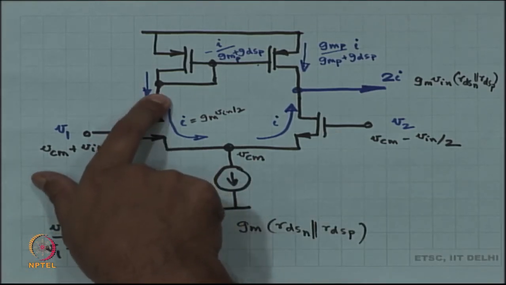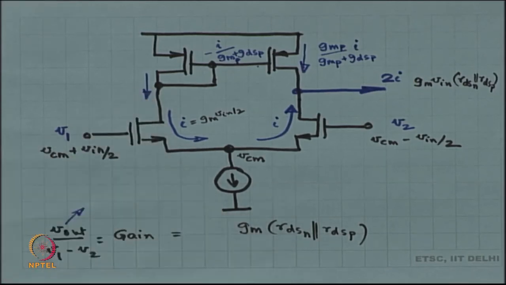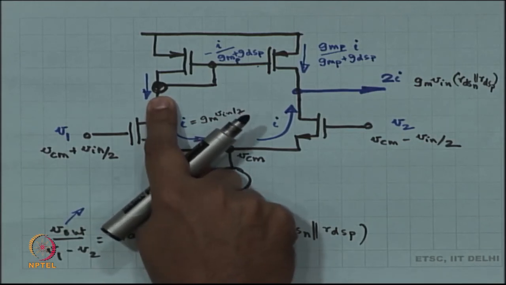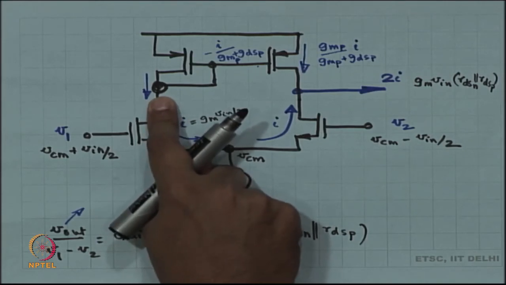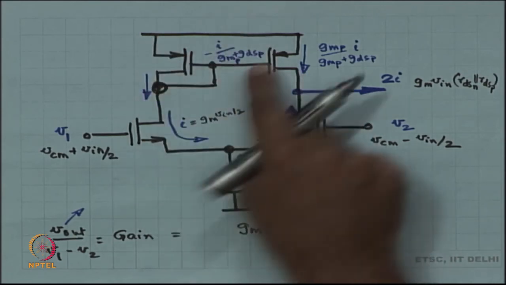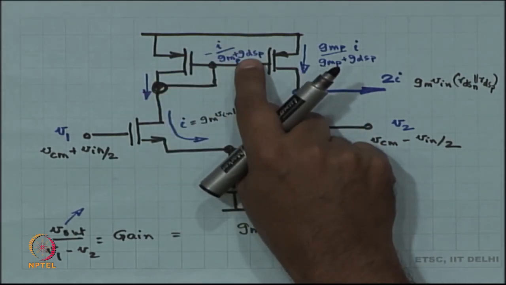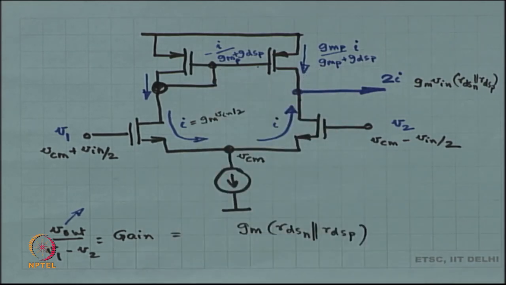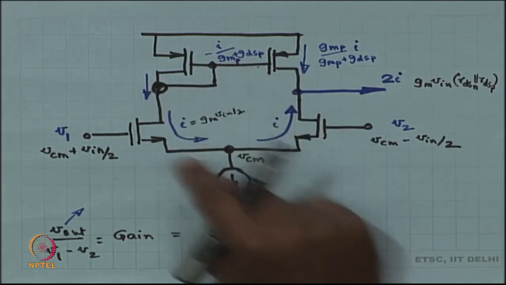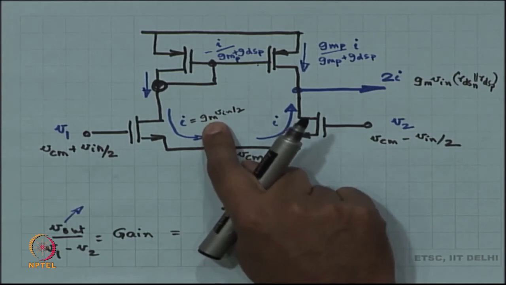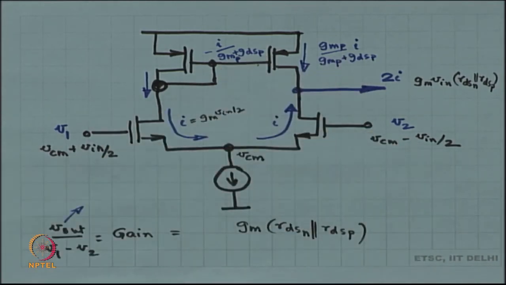What about this node? Is this node moving? This node is not moving around at all. I am producing I current, and this I current is coming through a diode. The diode has a low impedance, the impedance is 1 by GMP. So the voltage that it produces is almost nothing, it is V in by 2 times GM, that is the current, divided by GMP plus GDSP.